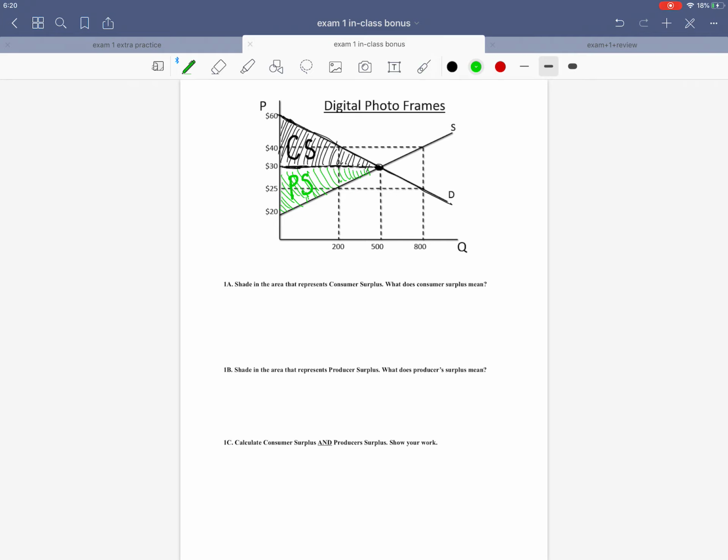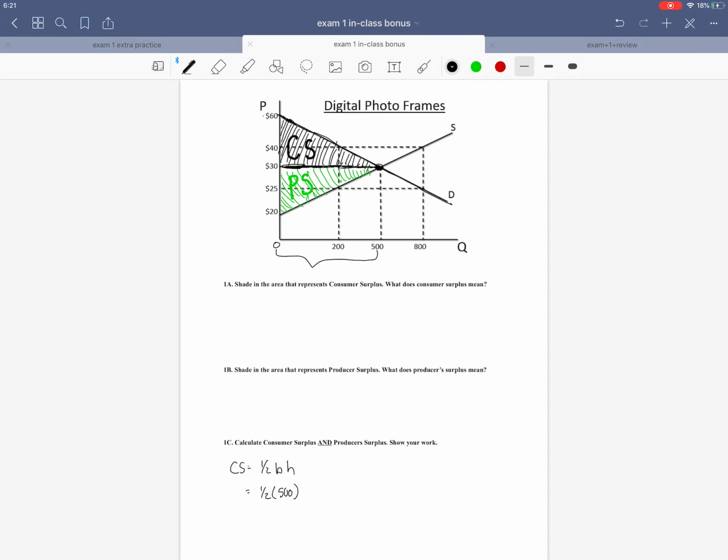Now, in calculating consumer surplus and producer surplus, we're going to use the formula for the area of a triangle. So our consumer surplus is going to be equal to half the base times the height. I'll use the bottom of the triangle here as the base. So that's going from 0 to 500, so half of 500.